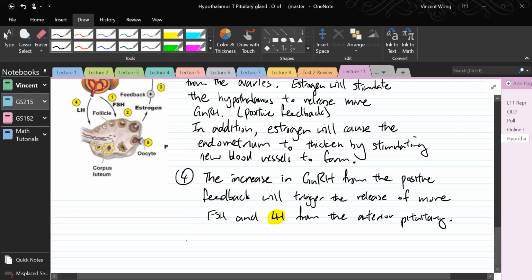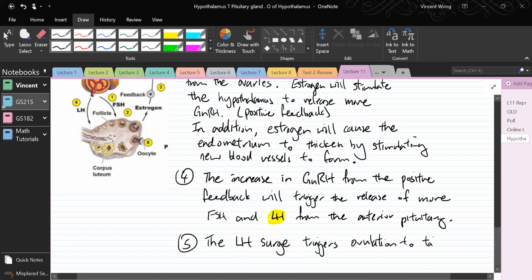Okay. So number 5, the LH surge, which means a sudden increase in LH, triggers ovulation to take place.